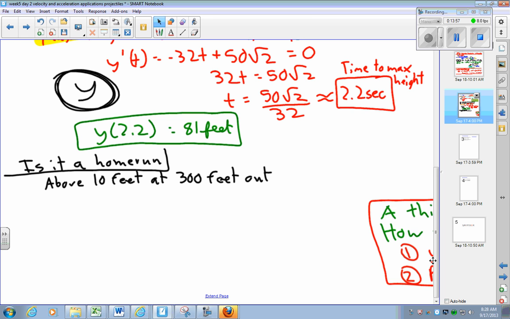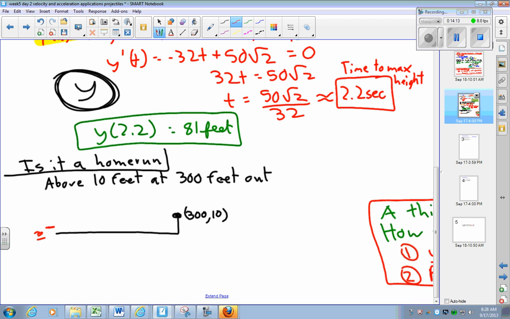So basically, if you look at a point, if there's a point right there that is 300, 10, and I hit my ball starting at 3 feet high, so not off the ground, but at 3 feet high, the whole question is, does that shot right at 300 feet, is that above or below 10 feet? So the whole thing is, at 300 feet, how high am I?